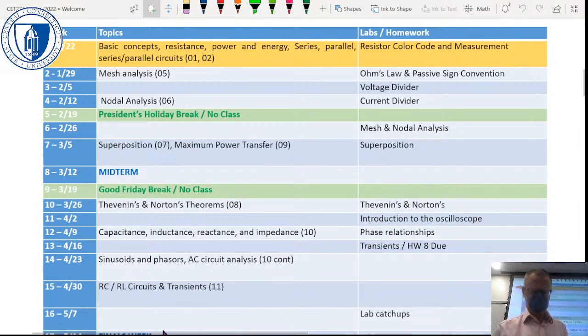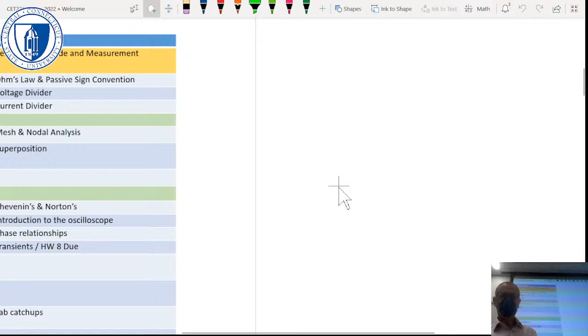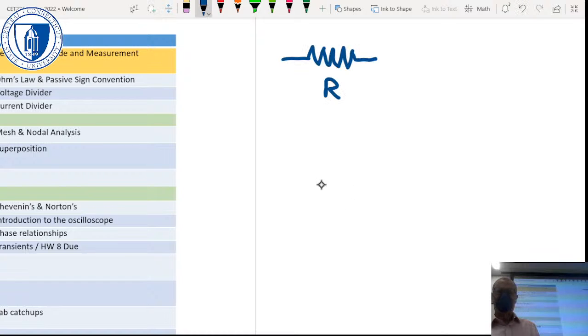The things you're going to get used to doing is drawing resistors, inductors, and even though that looks sort of similar, it's curly, whereas the resistor is straight zigzags, and capacitors.